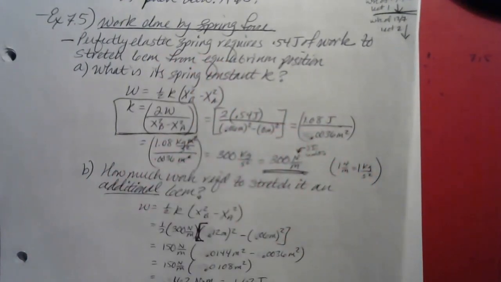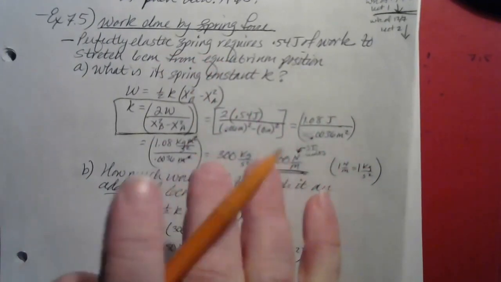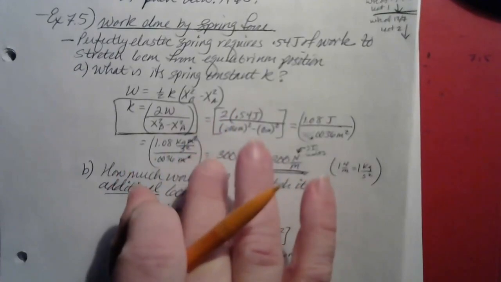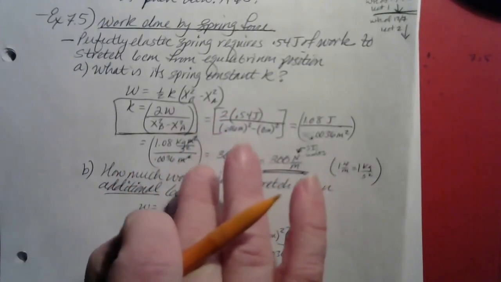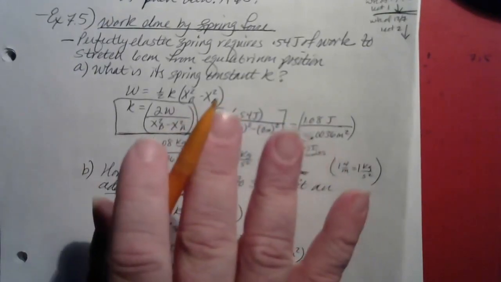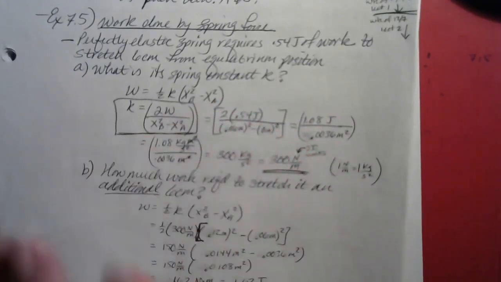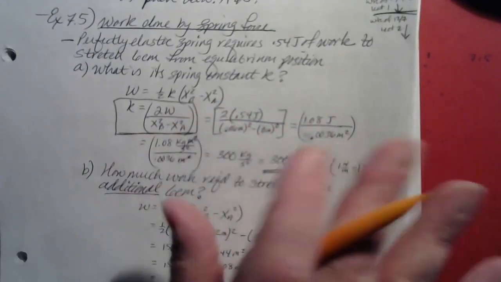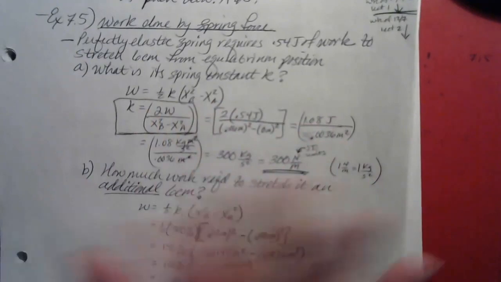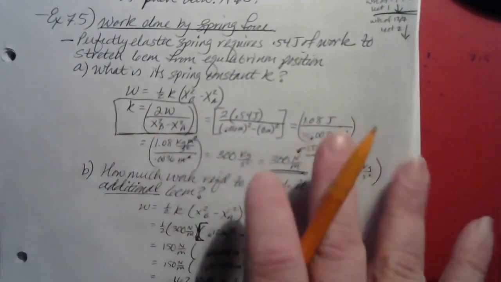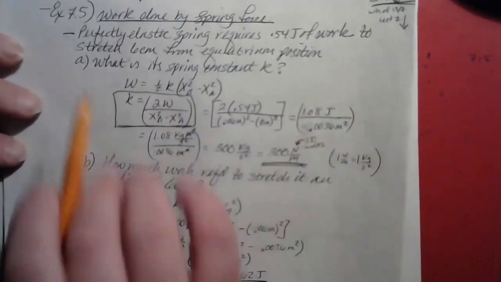That describes most springs, although I think I've mentioned before that there are some springs for specialized uses where the k value, or the spring constant, can actually change depending on how much of a load is placed on the spring. But we don't really encounter those here because those are highly specialized and very unusual.